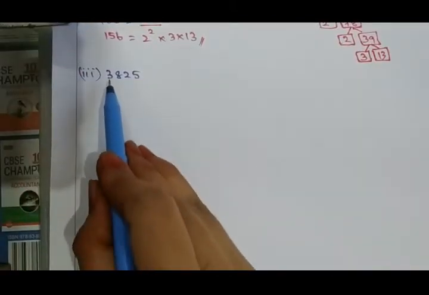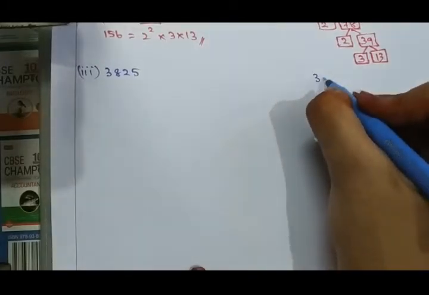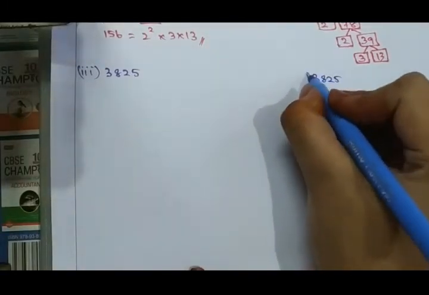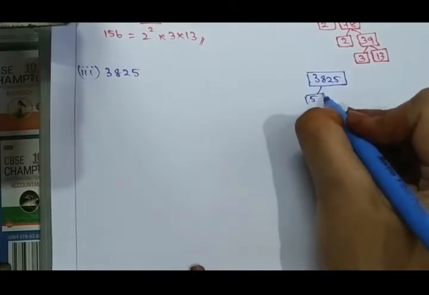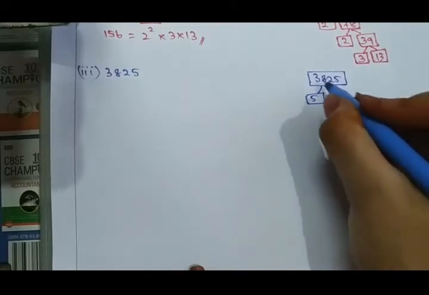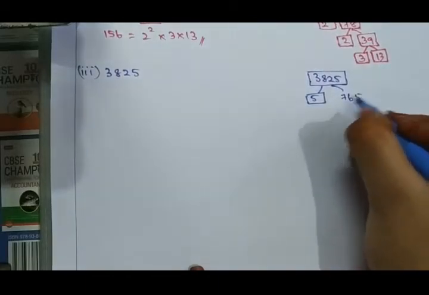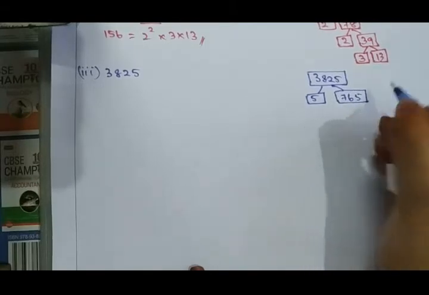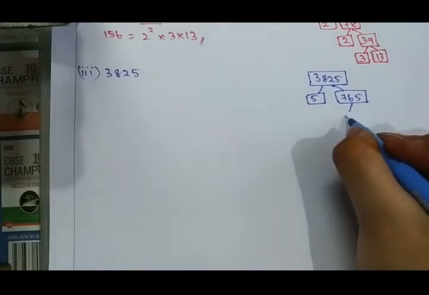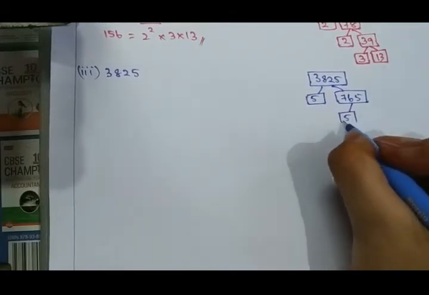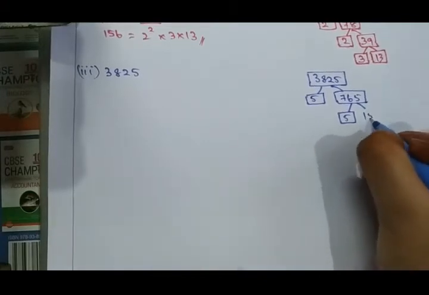The next number is 3825. So we can write this as 3825, 5 into 765. So 5 into 765 makes 3825 and this 765 can be written as 5 into 153.